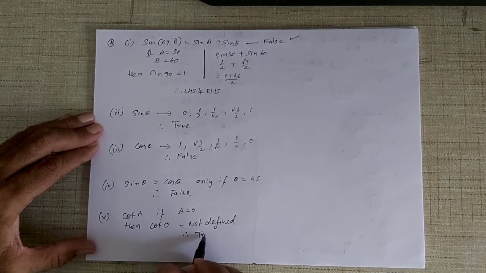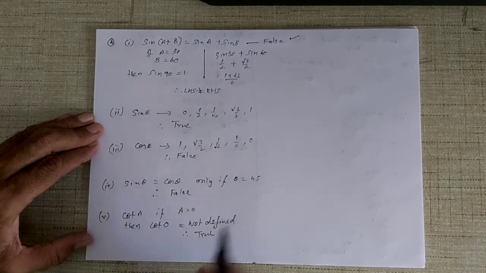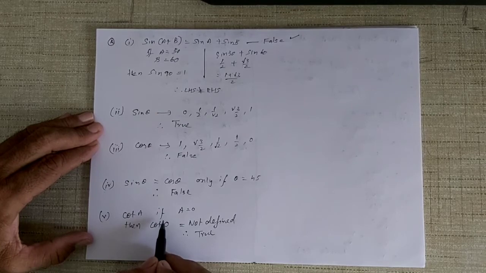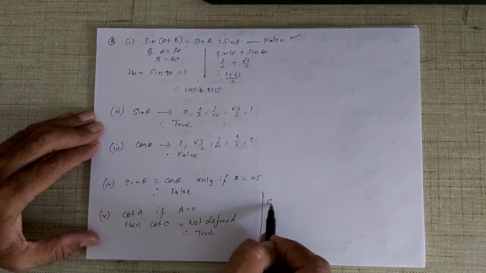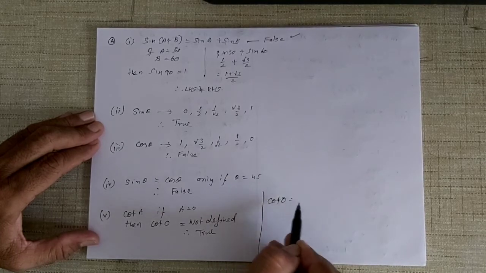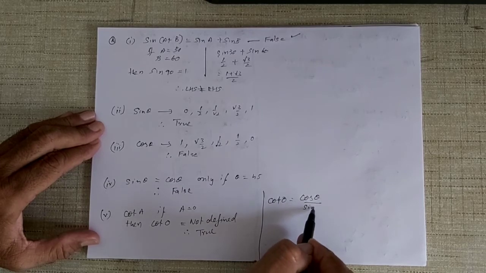this one is true. Also, cot is actually cos upon sin. Just to show it to you here, cot 0 will be equal to cos 0 upon sin 0.